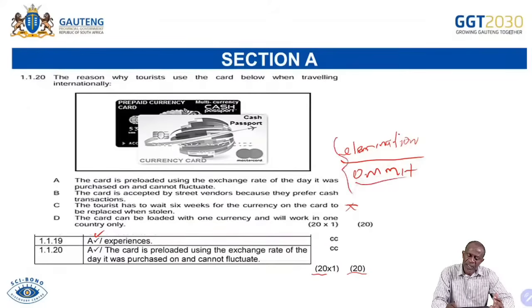It is more or less the same as elimination, because you are going to disregard the obvious wrong answers in the alternatives given, and read the ones that are closest to the correct answer and take a decision from there. Those are some of the tips that you should apply tomorrow when you sit for this tourism paper.